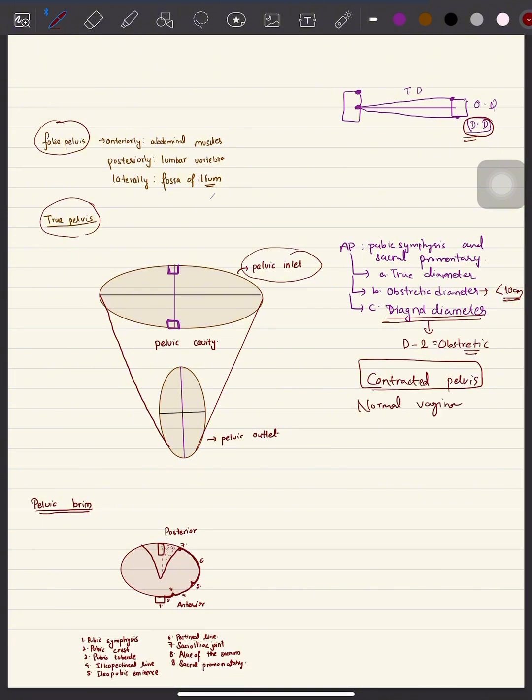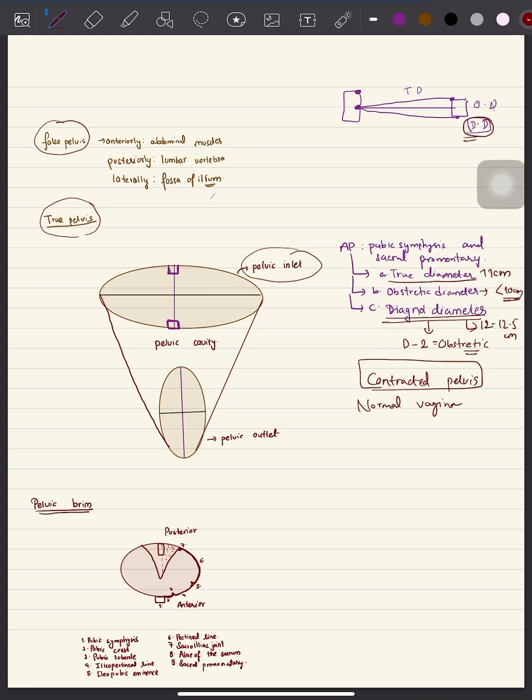This is important. The true diameter would be somewhere around 11 centimeter. The obstetric diameter would be around 10 to 10.5 centimeter, and the diagonal diameter would be around 12 to 12.5 centimeter.